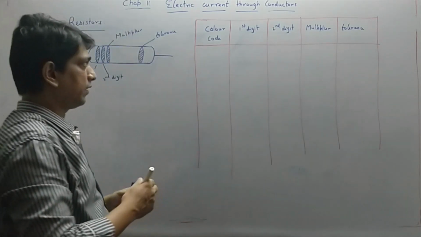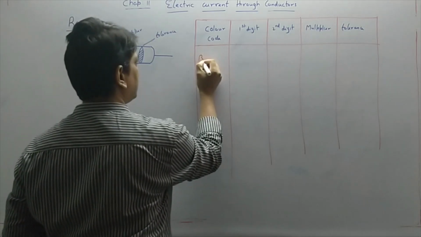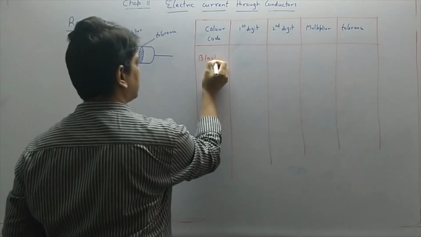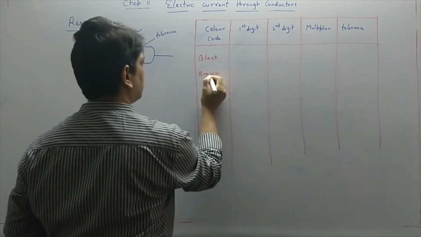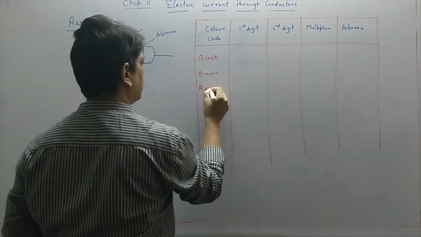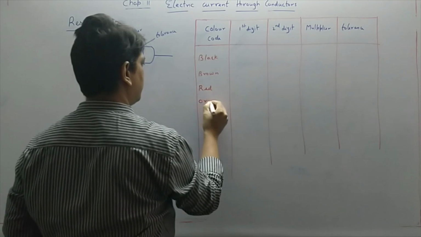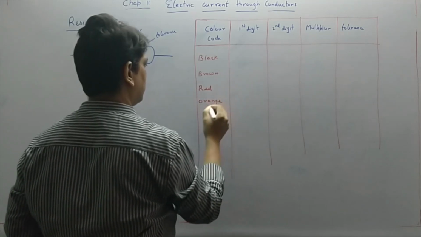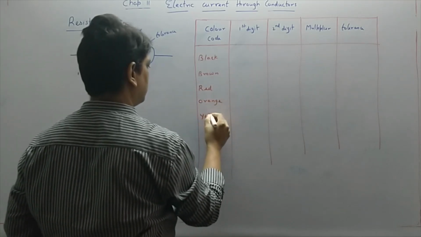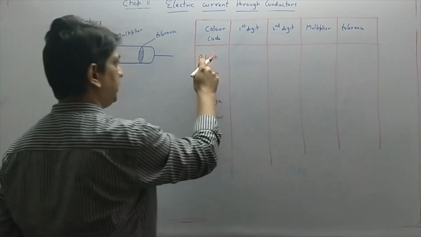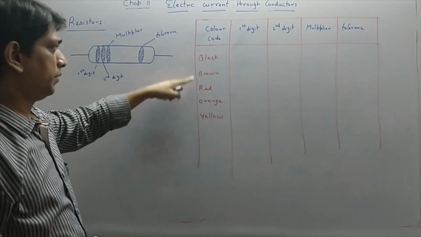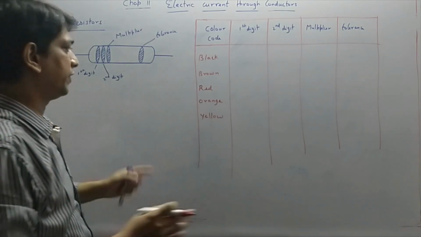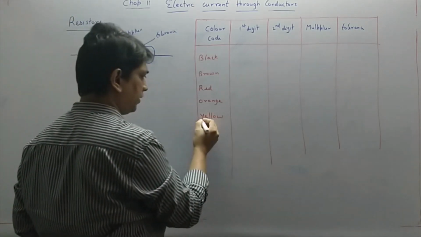For example, here we are having black, brown, red, orange, yellow. B.B. Roy: B black, B brown, R red, O orange, Y yellow. Roy of Great Britain.